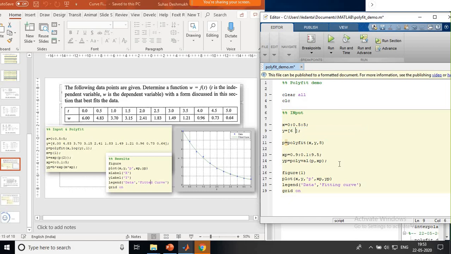So 6, then 4.83, then 3.7, 3.15, 2.41, 1.83, then 1.49, 1.21, 0.96, 0.73, 0.64. So now you want to fit it.